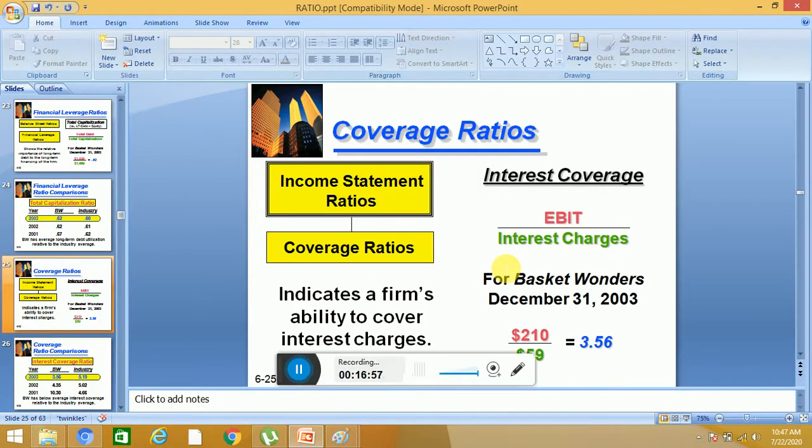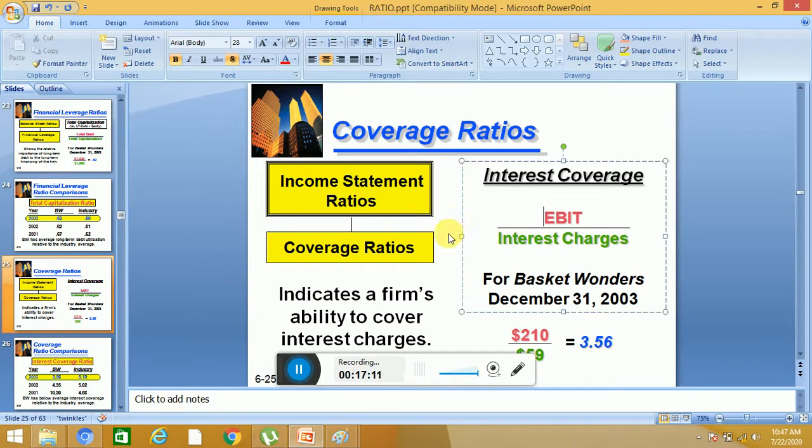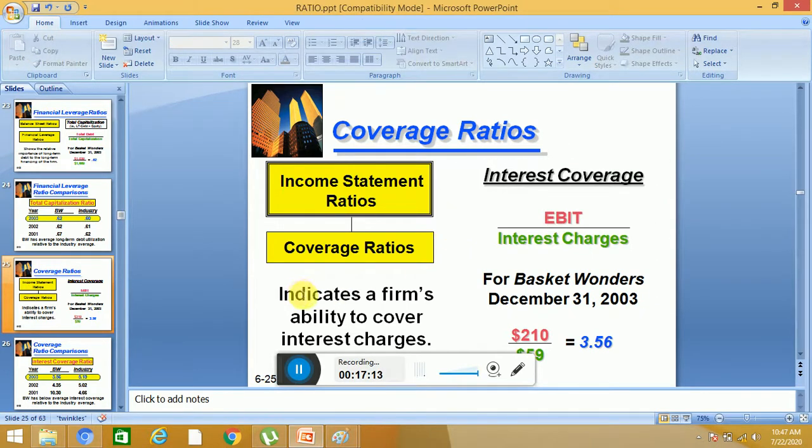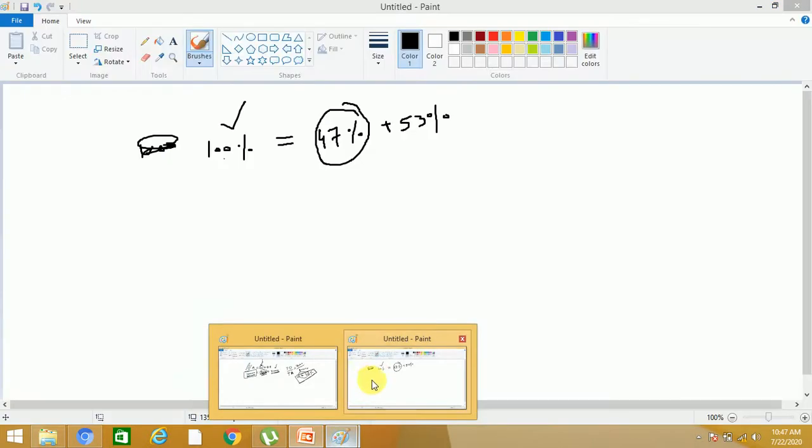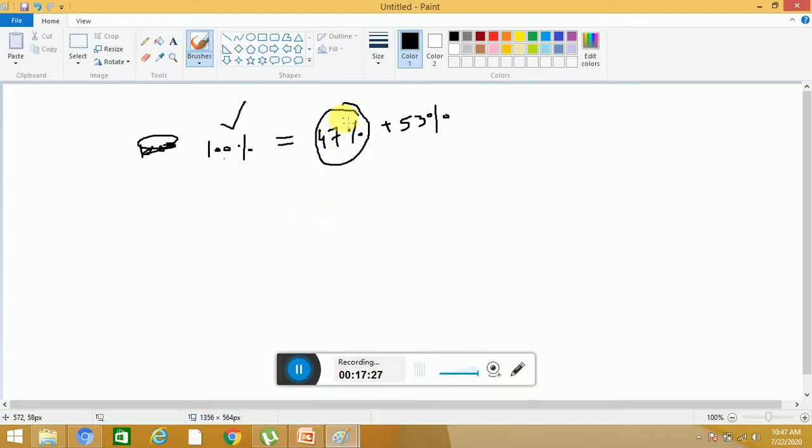Then there is another ratio that is called coverage ratio. And keep in mind, this coverage ratio is an income statement ratio. It indicates a firm's ability to cover interest charges. Now keep in mind, when you are taking a 47% loan, on this loan you are paying interest.